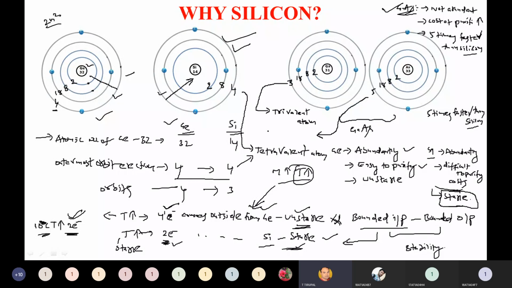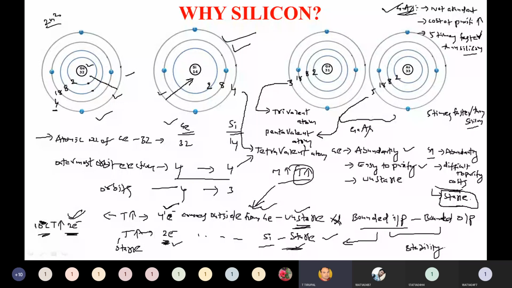It is called a pentavalent atom, right? So 3 types of atoms you need to study here: tetravalent, pentavalent, and trivalent. Let us see in future classes what is the use of trivalent and pentavalent atoms also, right? So this is about why we use silicon in electronic devices.